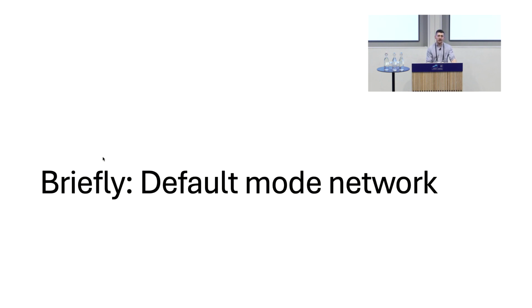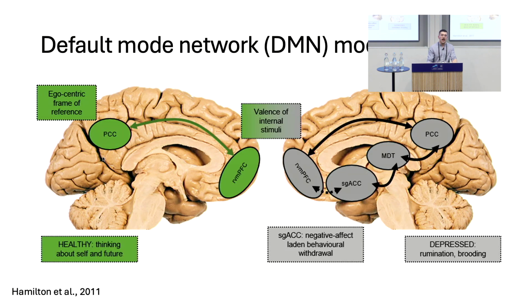I just briefly wanted to touch on the default mode network in depression. This is partly because it's a relatively more novel circuit-based perspective that has emerged over the past 15 or 20 years. The default mode network is a network of brain regions, including the rostral ventromedial prefrontal cortex, abbreviated RVMPFC there, and the posterior cingulate cortex, precuneus, and medial temporal lobe.